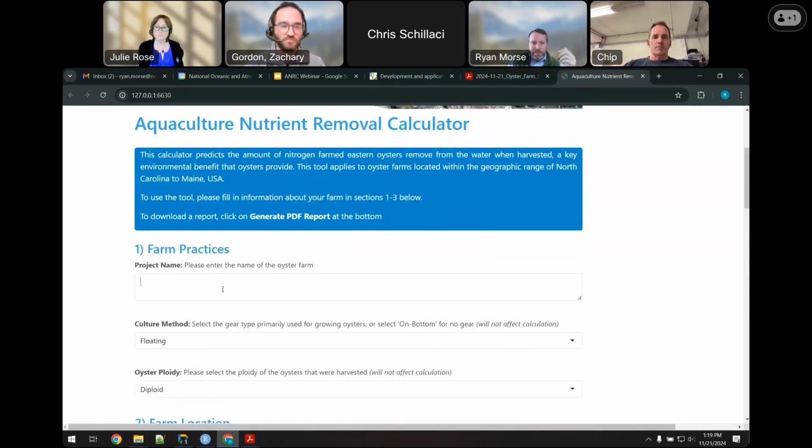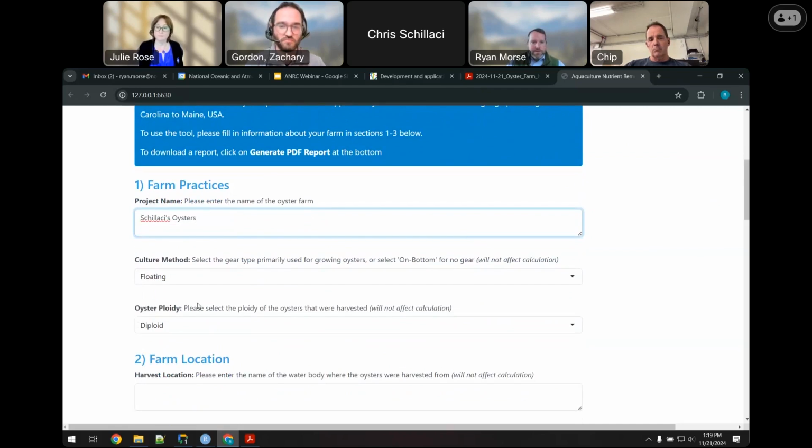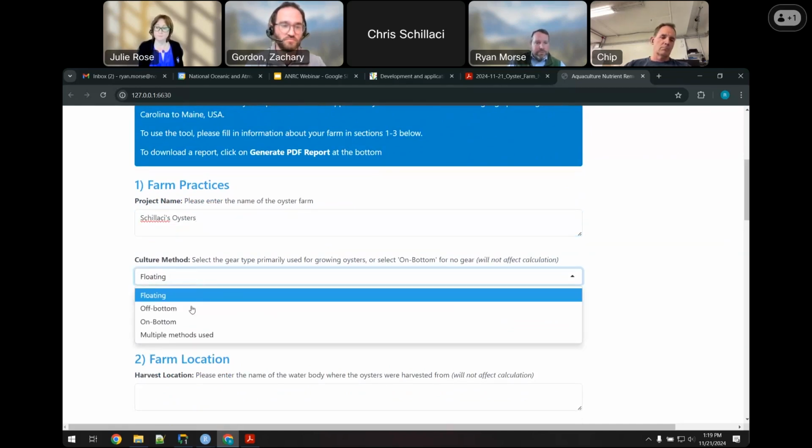So farm practices is just the name of the farm. So this is incorporated into the report at the end of the demonstration. And you can select the culture method that were used to grow the oysters.